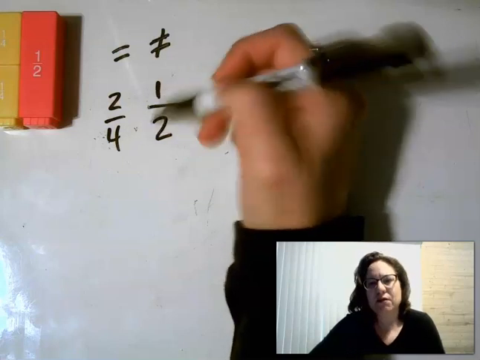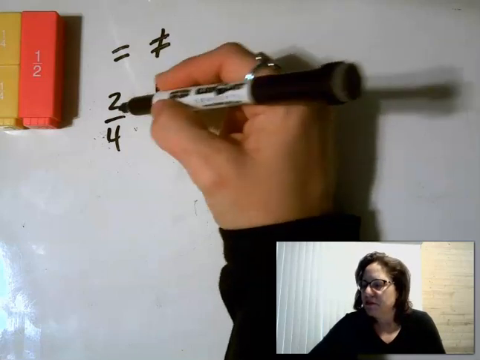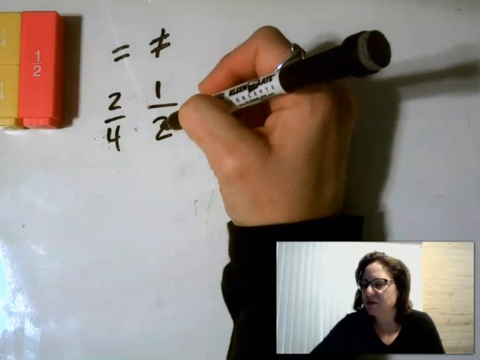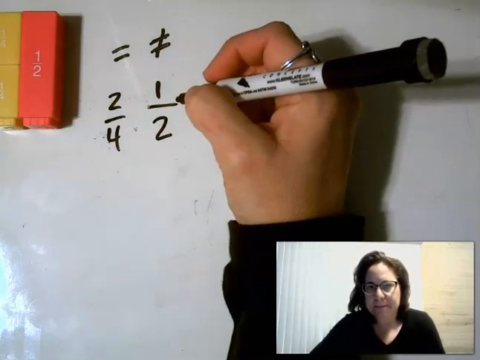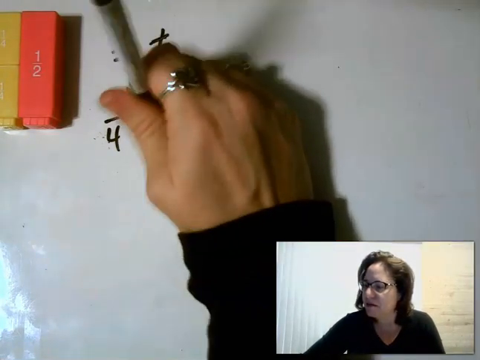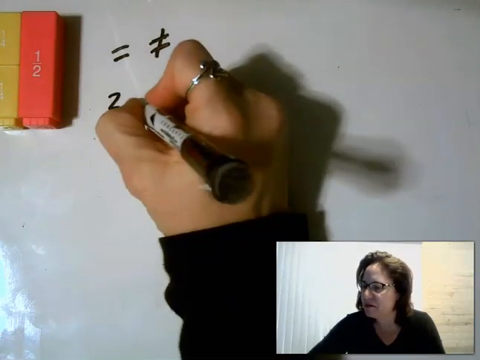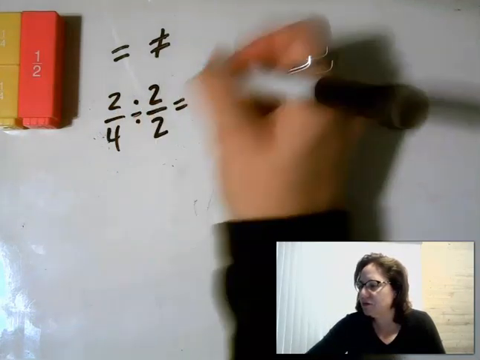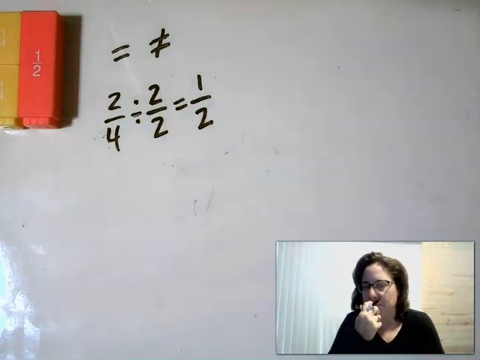This is reminding me of when we learned about input-output tables. Something happens and it comes out this number. Something happens here and it comes out this number, and it has to be the same rule. So what I'm seeing happening is, if I divide this by 2 over 2, I get this.